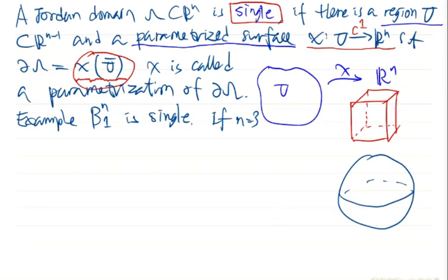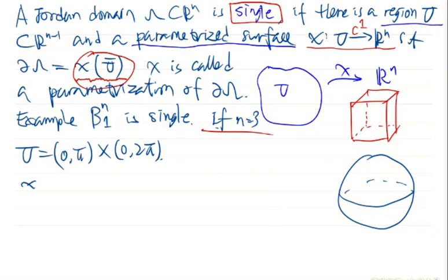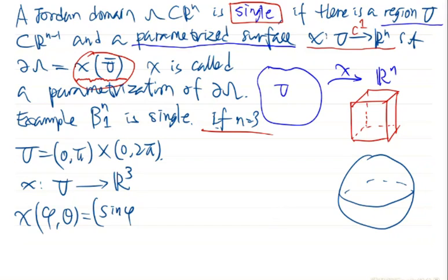We choose U to be the rectangle 0 to pi by 0 to 2pi, and X from U to R3, X of phi, theta, is sine phi cosine theta, sine phi sine theta, and then cosine phi.